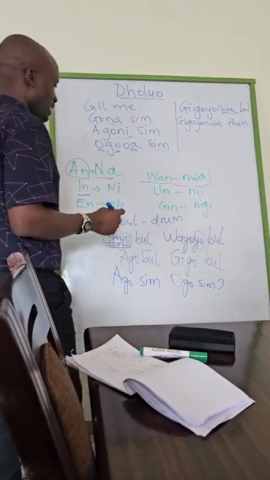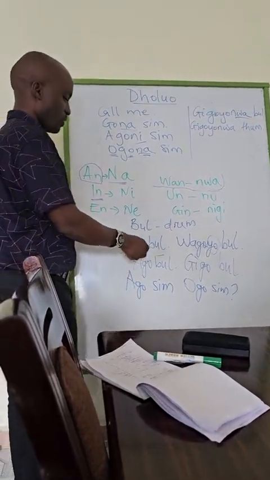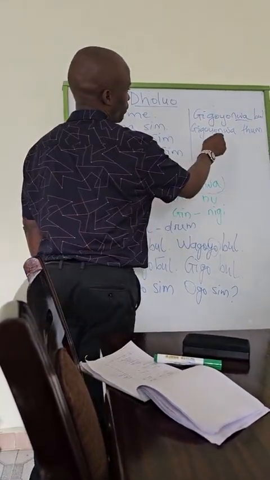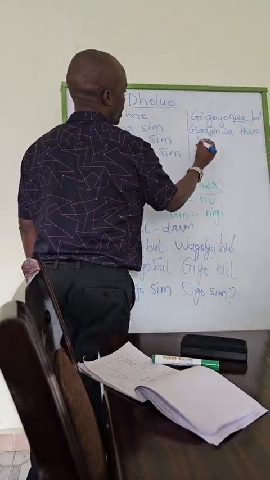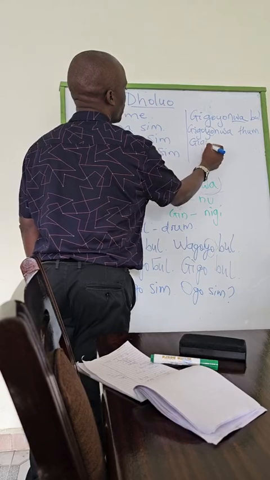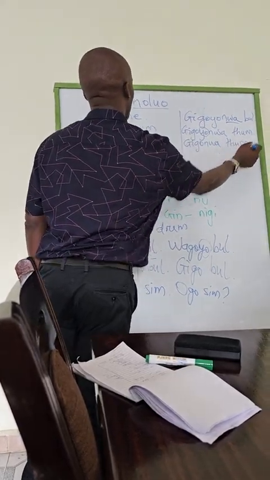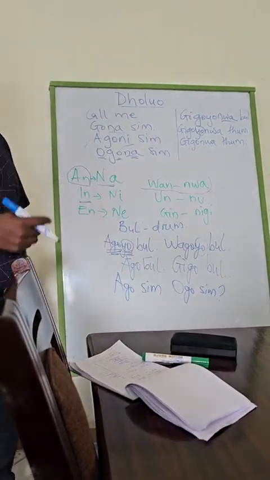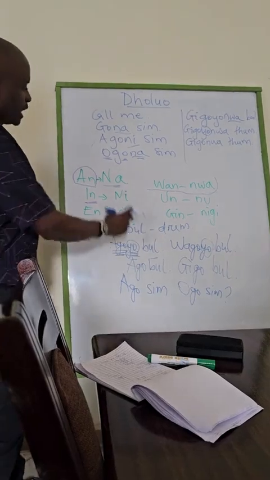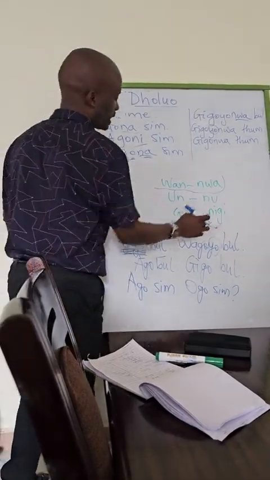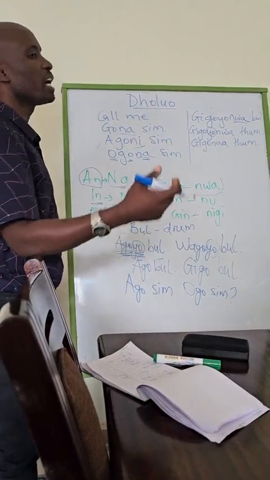But I said that this "goyo" you can also say it without "yo". So you can remove this "yo" here and simply say "gigo noa thum". They are playing as music. Okay? So this na, ne is basically referring to something that is being done for someone.